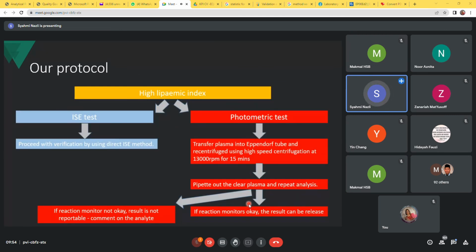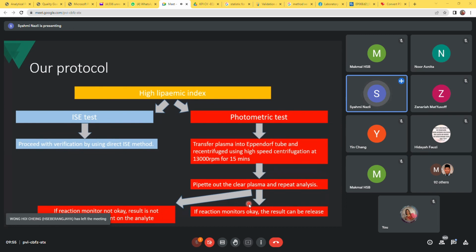So I just share with you our Hospital Pulau Pinang protocol for handling of lipemic samples. First, we need to detect the lipemic index, and we need to know if at that level the lipemic interference will affect the test or not. For ISE tests, you can simply proceed with verification using the direct ISE method. For photometric tests, we need to proceed with high-speed centrifuge.